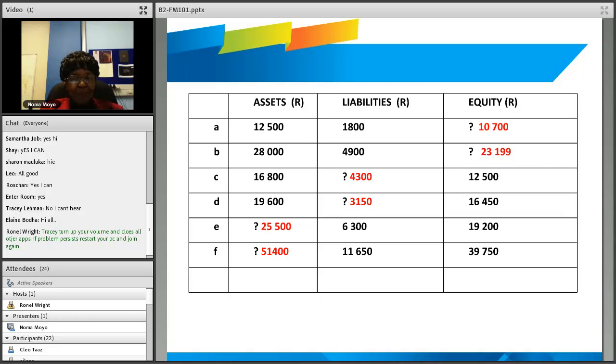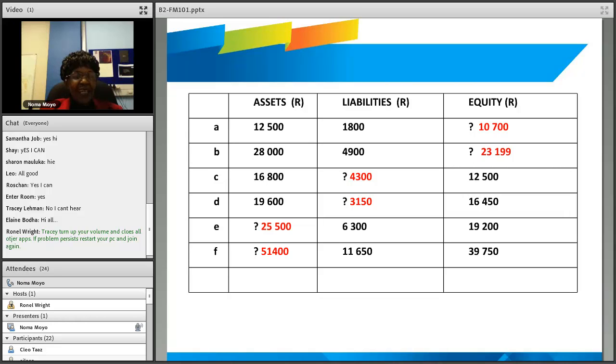On D, again, you are given assets and equity. You can come up with your liabilities. Assets are 19,600, equity 16,450. We know liabilities is assets minus equity. In this case, 19,600 minus 16,450, you get 3,150, which is liability.